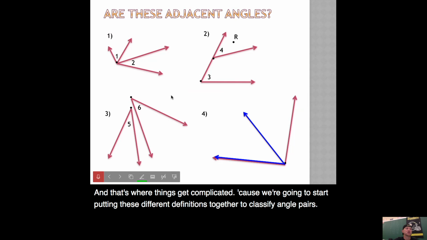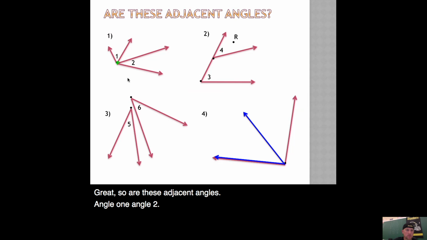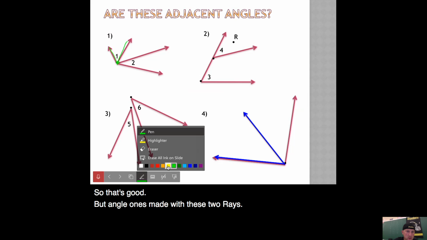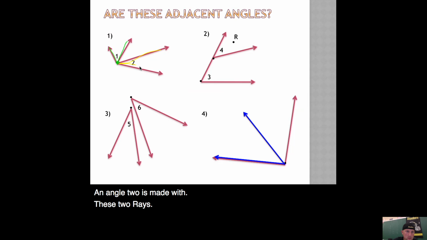Okay, so are these adjacent angles? Angle 1 and angle 2. They share a vertex, so that's good. But angle 1 is made with these two rays, and angle 2 is made with these two rays. So notice how they don't share that common side.